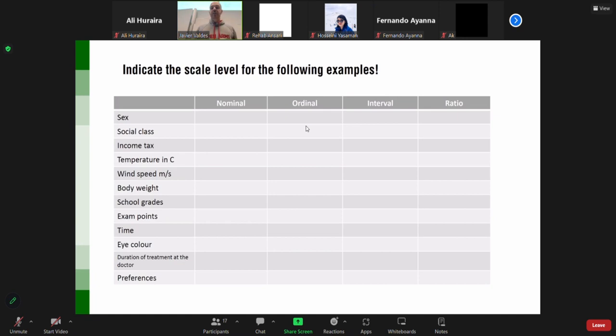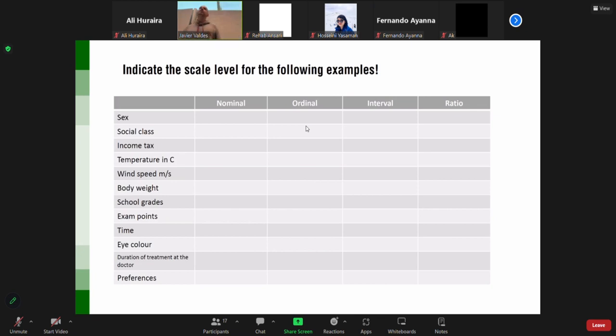Temperature in degrees Celsius. You can work with it, usually it's going to be an interval. Yeah, it is an interval, okay?